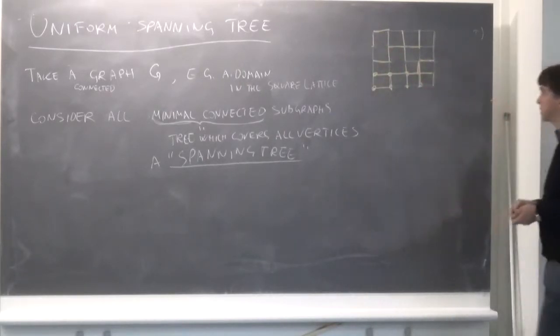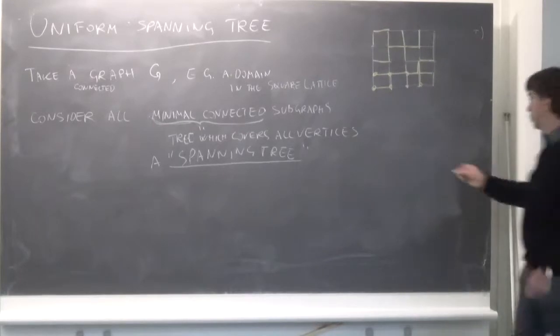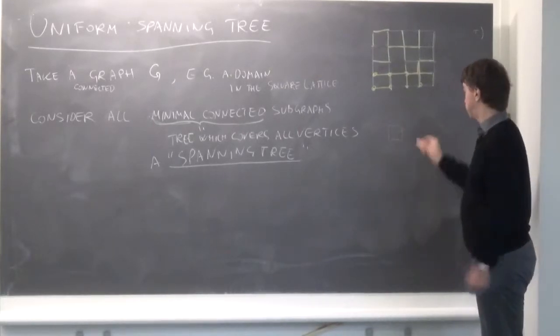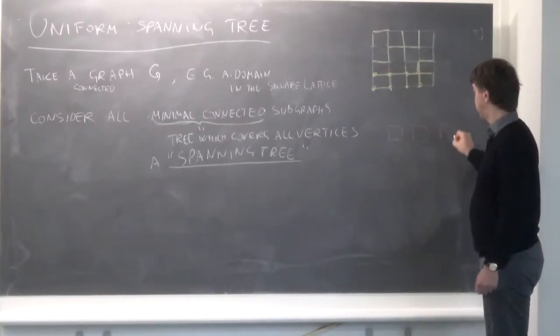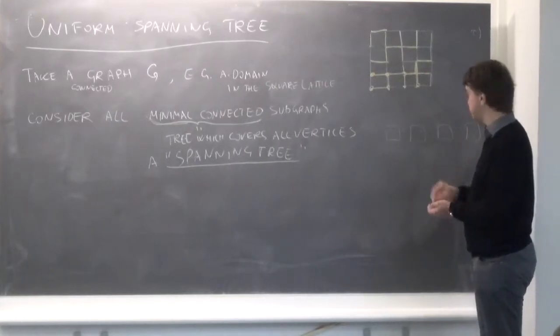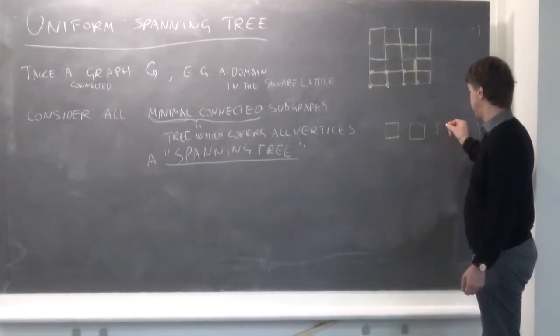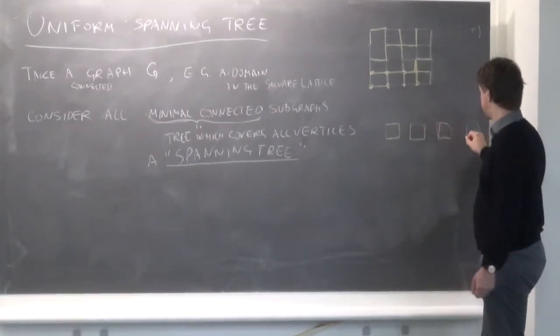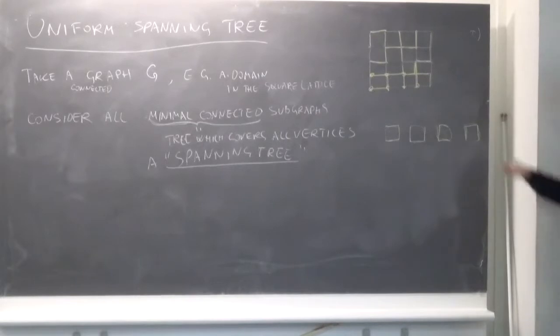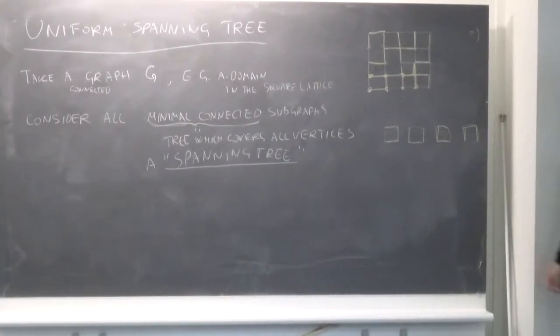For example, if we have a graph which is a cycle of 4 vertices, then obviously there are 4 ways to do it: like that, like this, and like that. There is one cycle, so you only have to delete one edge.